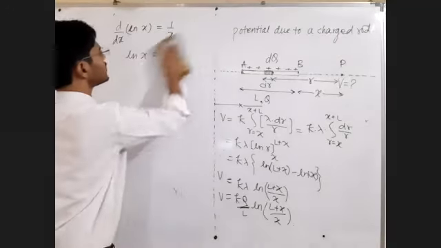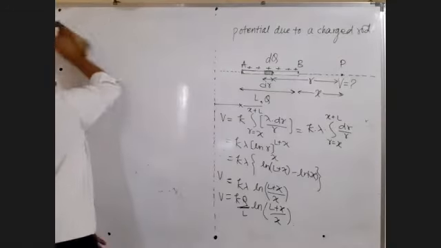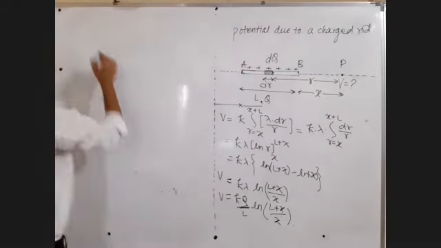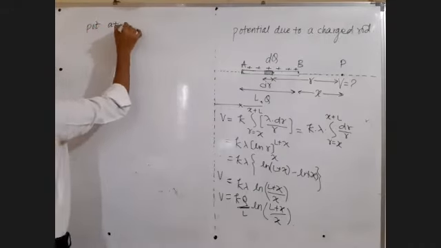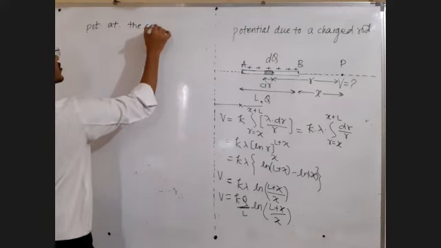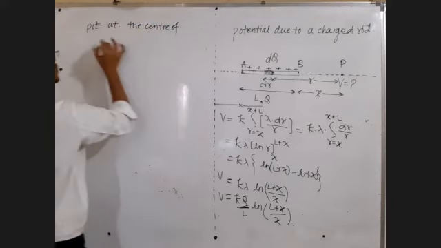Let me give you a very simple task. This can be done within a minute. Find the electric potential at the center of a charged ring.